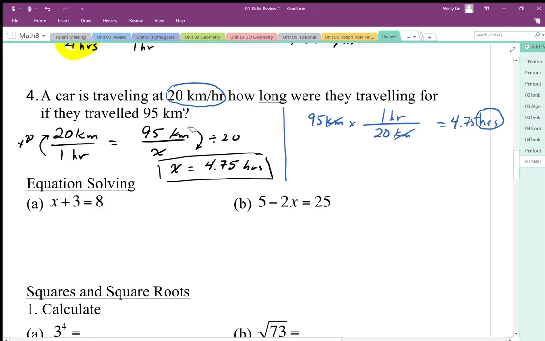And I can see that there's my calculation again: 95 divided by 20. So 20 ends up in the denominator to cancel out the unit. And this is called unit rate analysis. And this is a very efficient way to figure out whether I'm timesing or dividing.